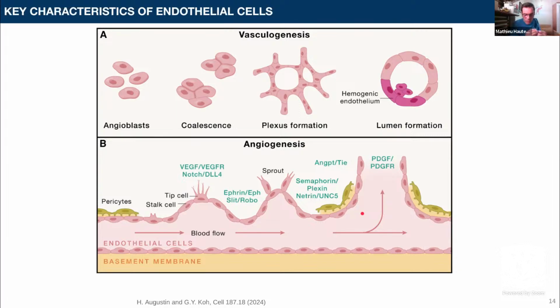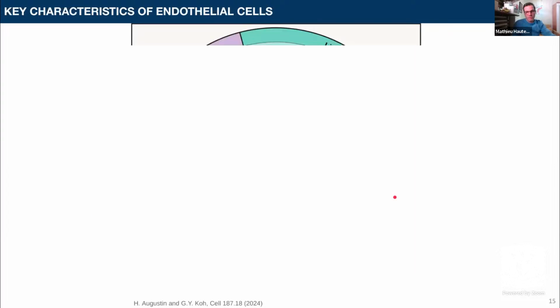So you need to create a new tubing system. And think about plumbing. If you want to connect tubes together, it's very difficult to avoid leakage. And that's what you need to do. So angiogenesis is also a very complex, not completely understood process that needs in vitro models to be better understood.